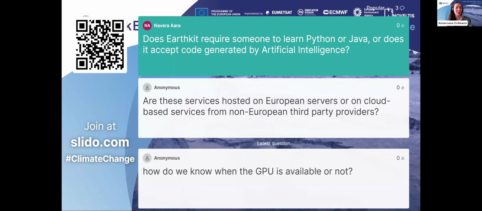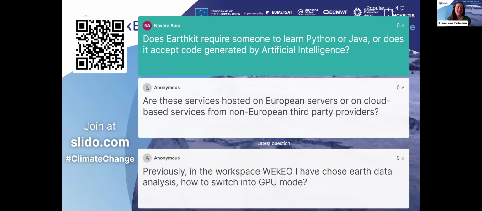It might work to a certain extent because it's quite well documented, so you can just give it a try. But I would always recommend to learn some Python and then double check what the chatbot has given you as code to be sure that you're doing the correct thing and also the correct processing. Yeah, I agree also.